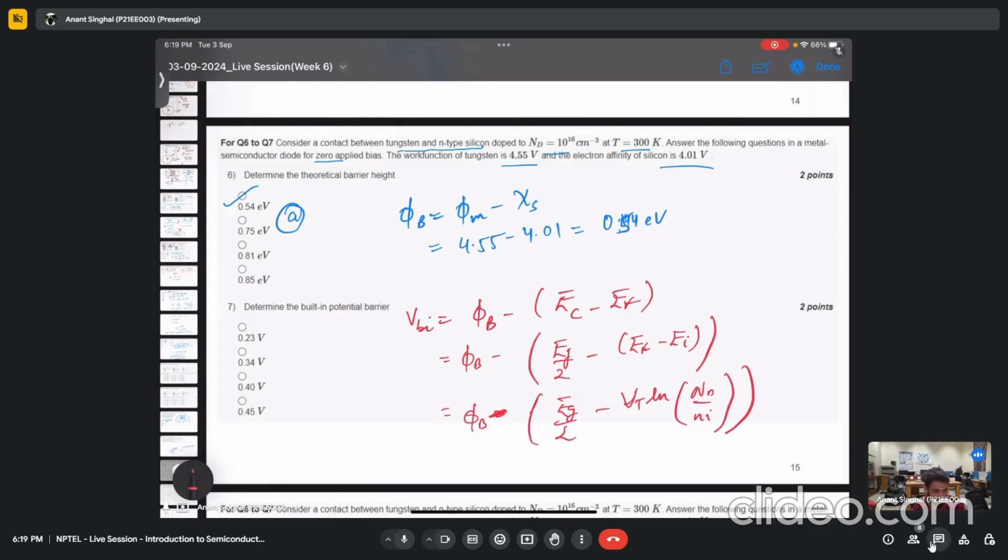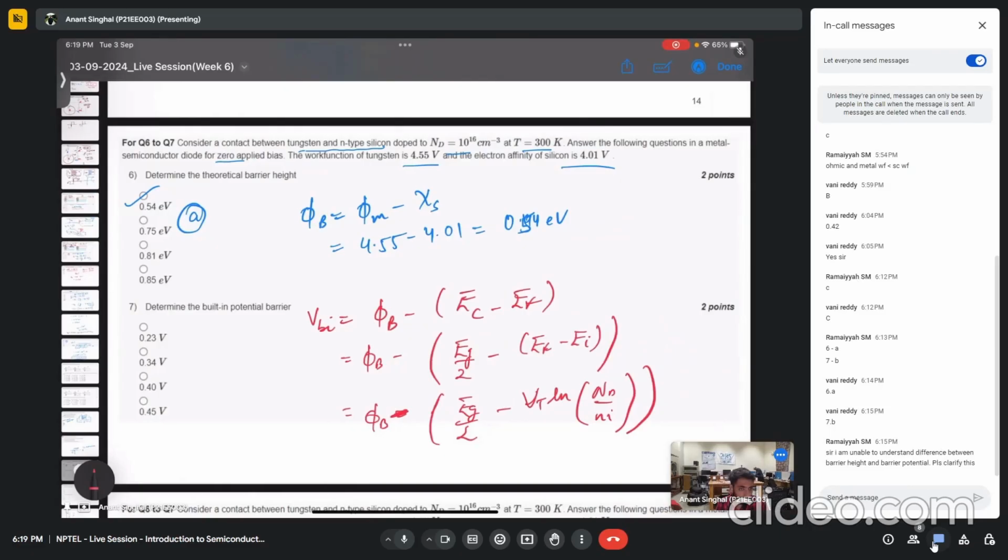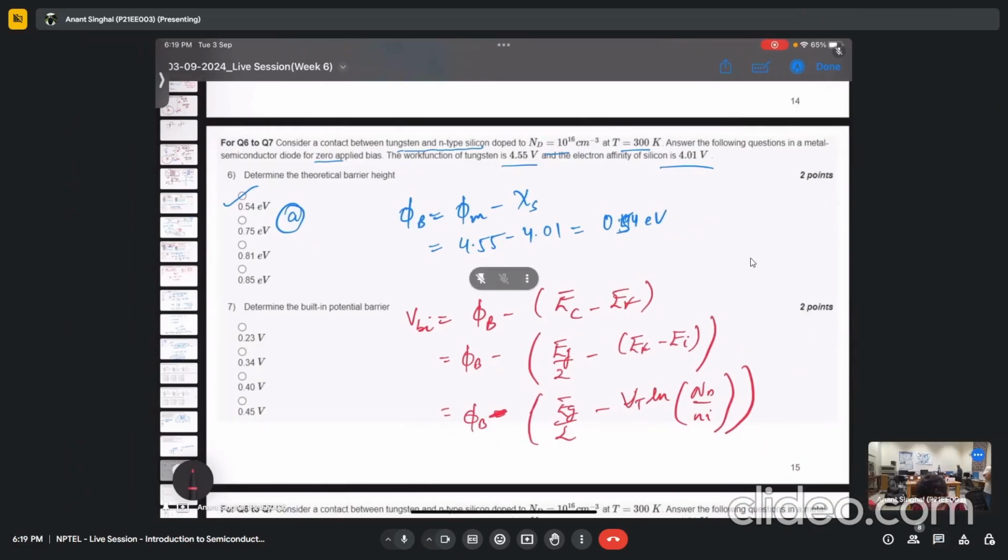Anyone else who has got the answer? It will be 0.54 minus 0.56 minus 0.026 ln ND. What is ND? Again 10 to the power 16.